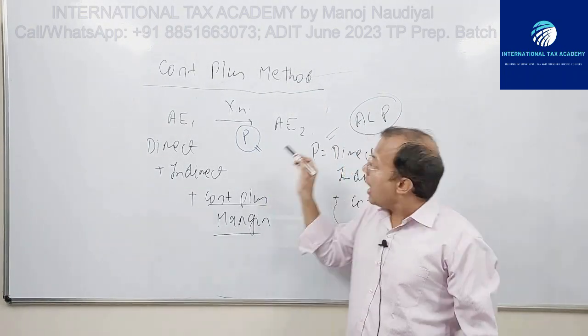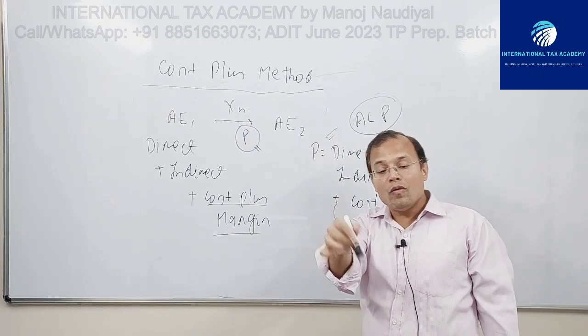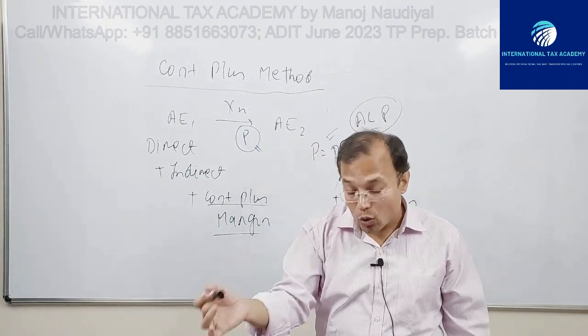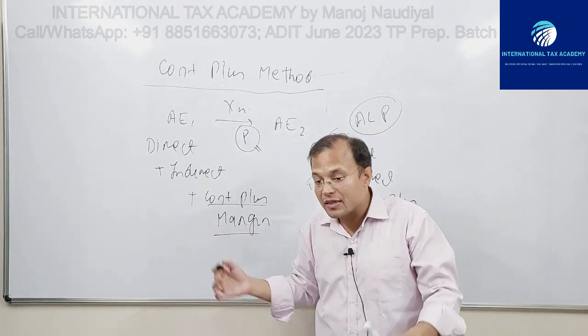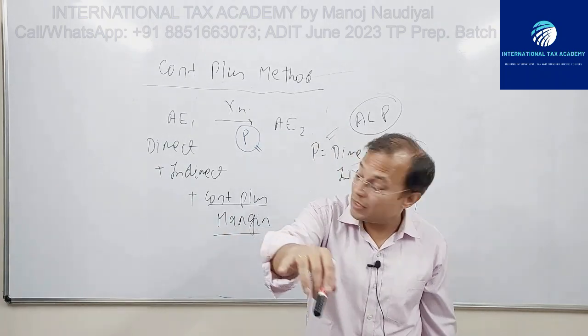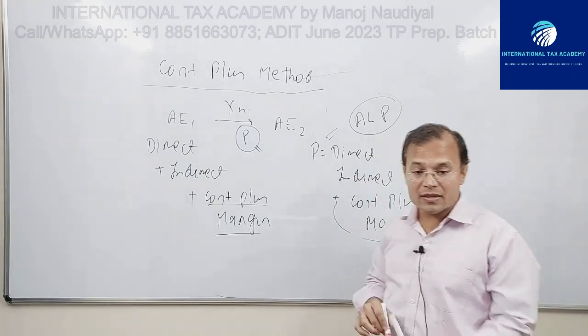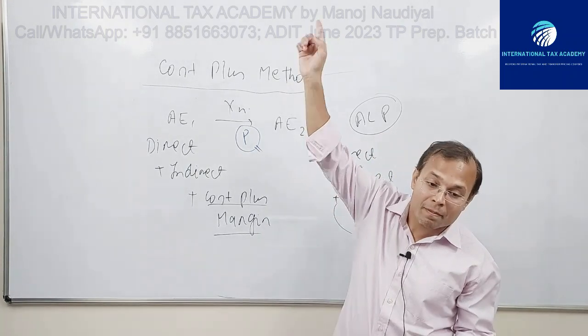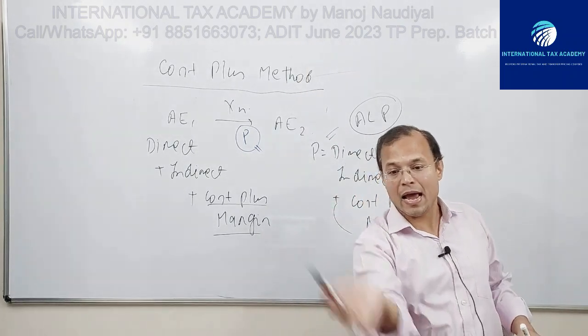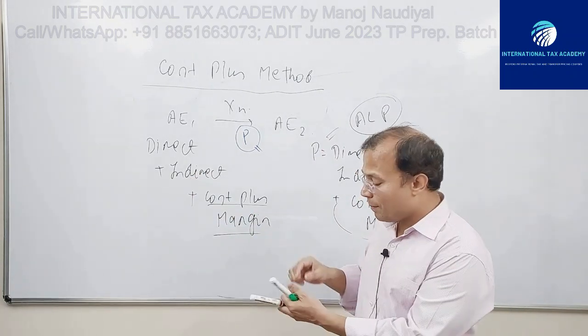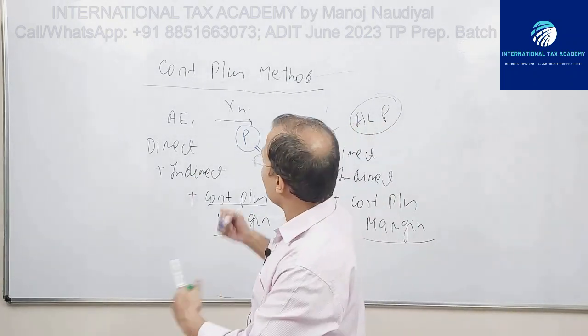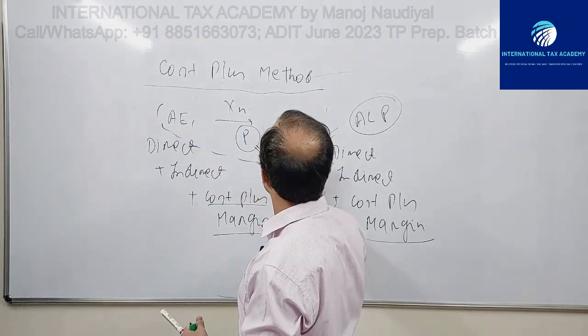Fine. And how do we validate this result? How do we validate this assumption that this would indeed be the arm's length price? This would be validated by making use of internal comparable and external comparable. So internal comparable, what? This is the M&E group.